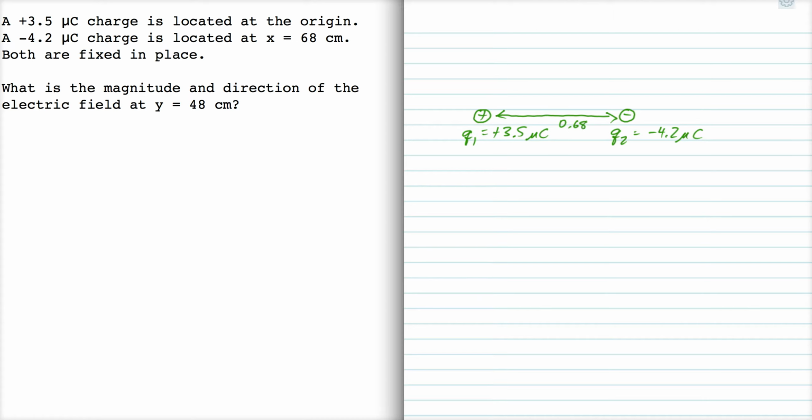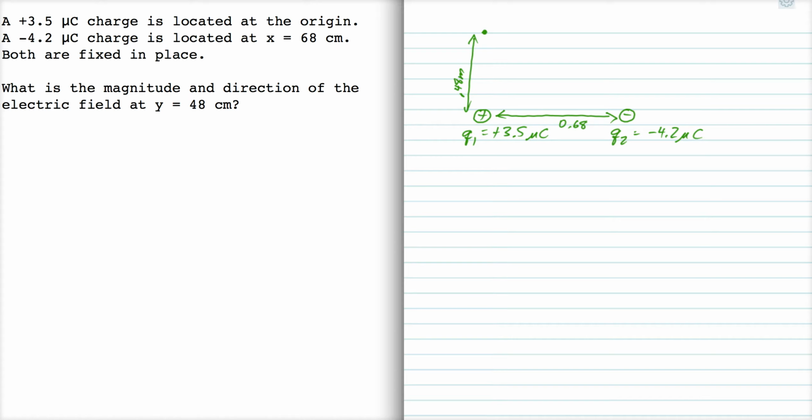We want to know, at a point up here along the y-axis, that's 48 centimeters away from Q1, what the electric field is at this location. Magnitude and direction of the electric field at that location.